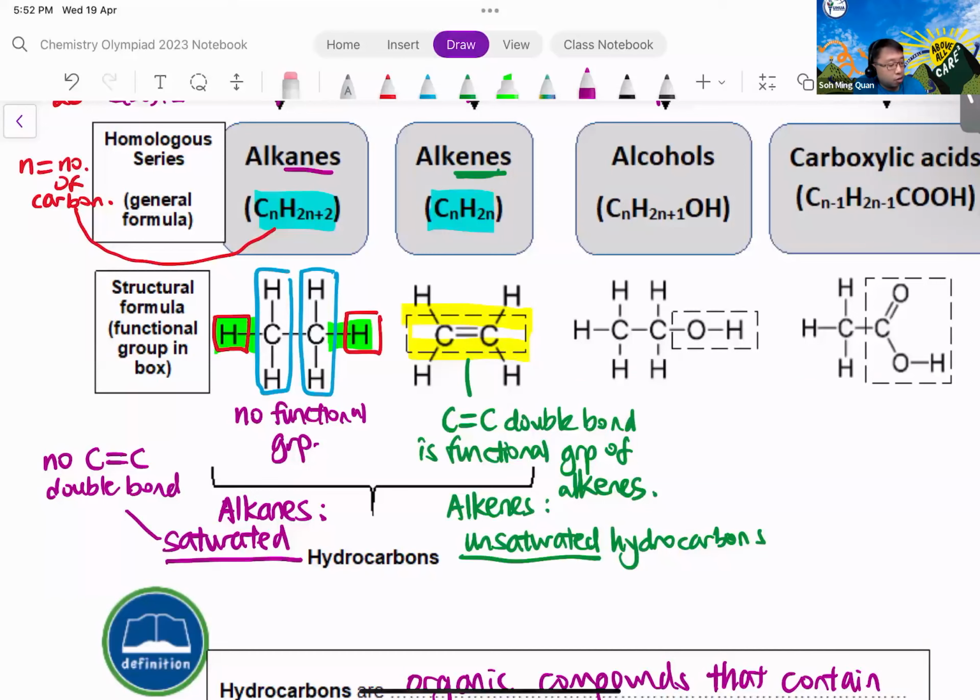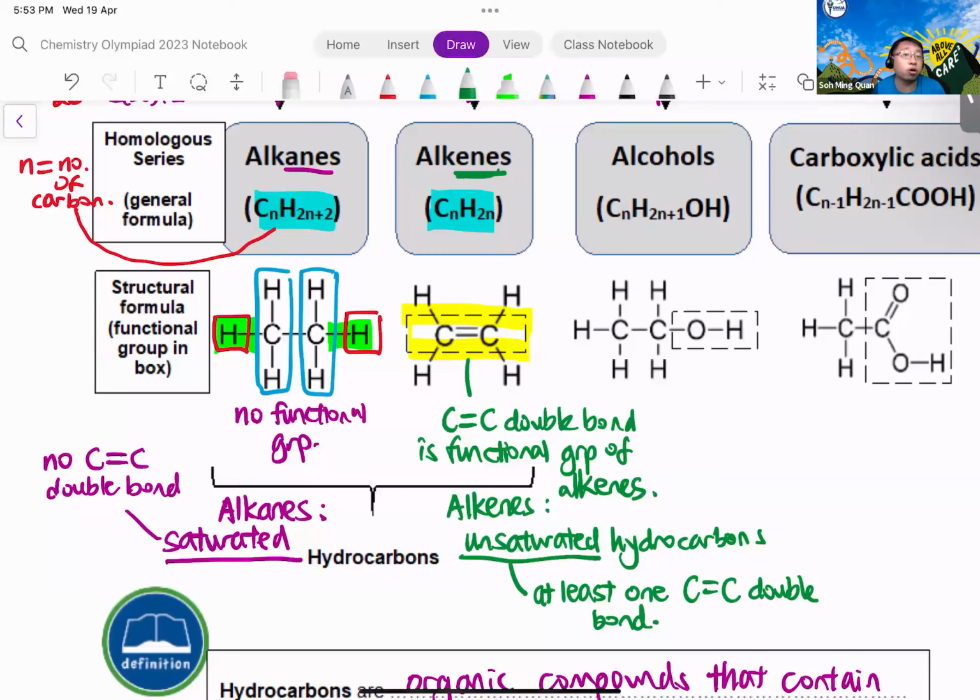The unsaturated is the reverse. Unsaturated means there is at least one carbon-carbon double bond. So alkenes are unsaturated because they contain a carbon-carbon double bond.